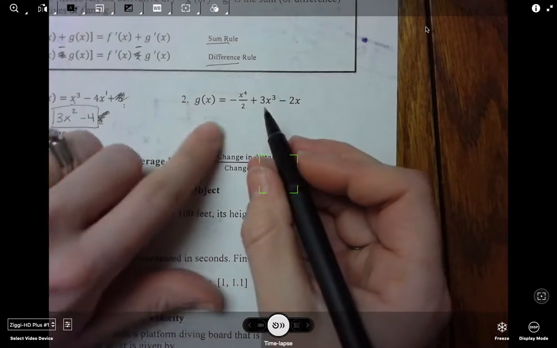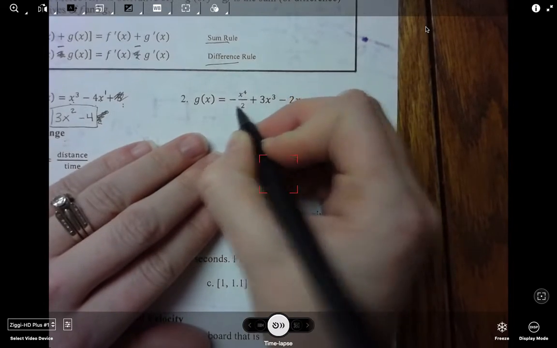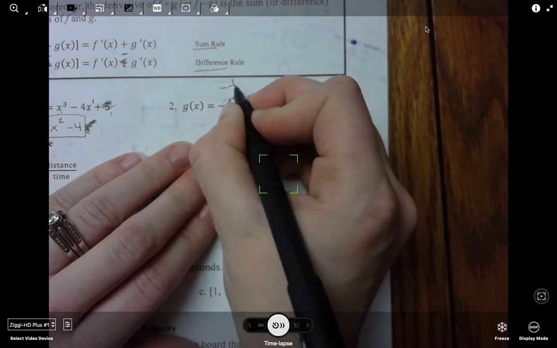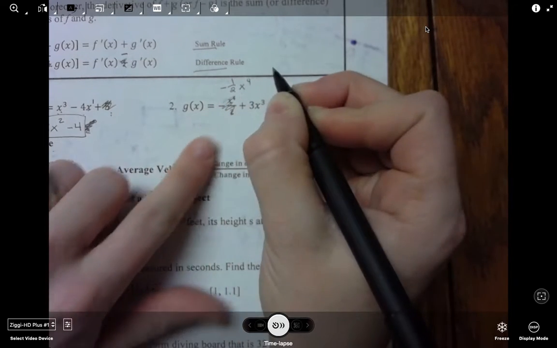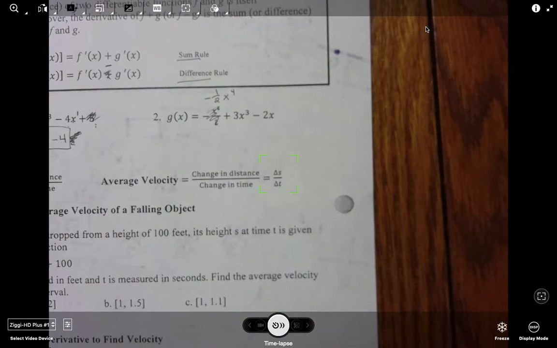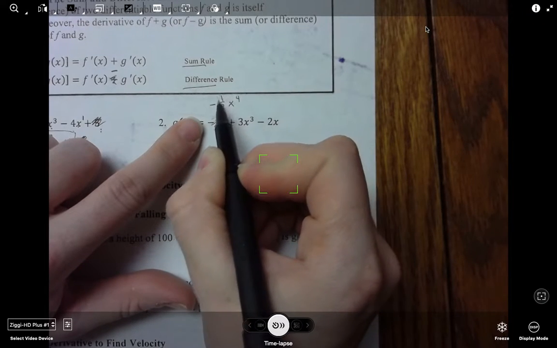Over here, at number 2, I'm just going to take the derivative of each piece individually. I don't like the way this first term is written, so I'm going to write it as negative 1/2 x to the fourth power. I separate the number from the variable. To take this derivative, I drop the 4 down in front.